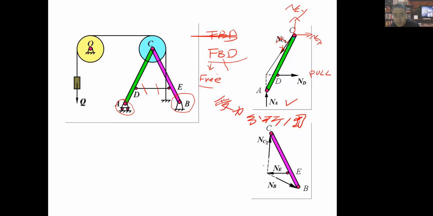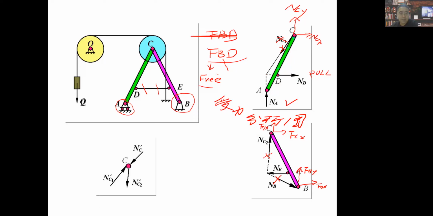Once again, if you use the 三力汇交定理, you can totally neglect this. If not, then you only need to draw FCX here and FCY here, right? Because of the type of constraint, and this is another fixed hinge. So you can draw FBX here and FBY here. See, both of these two styles are correct.